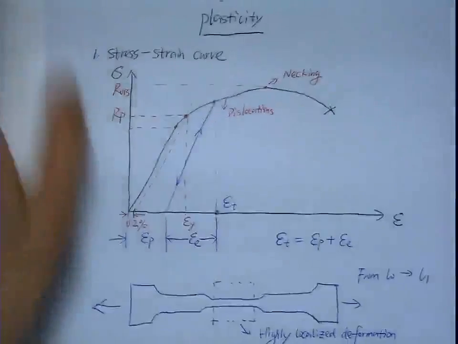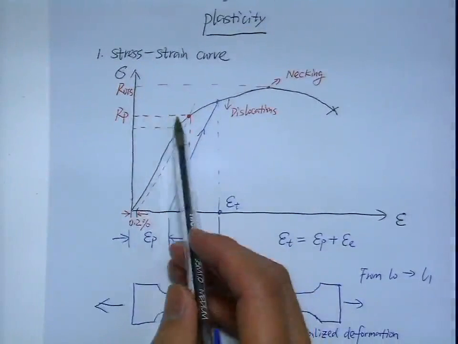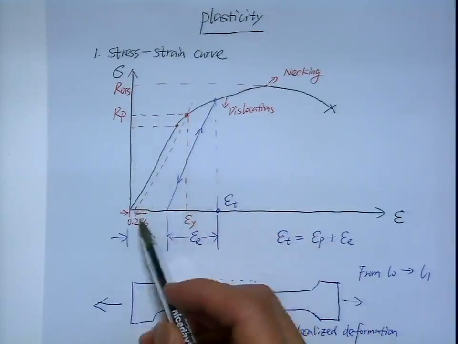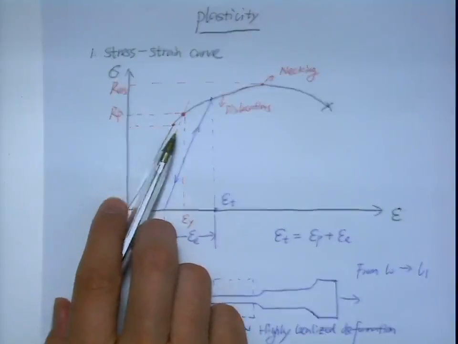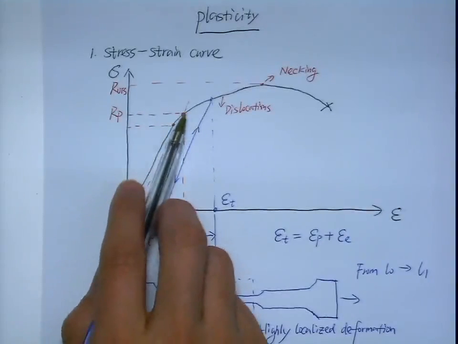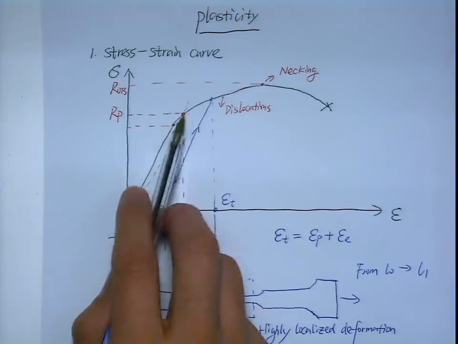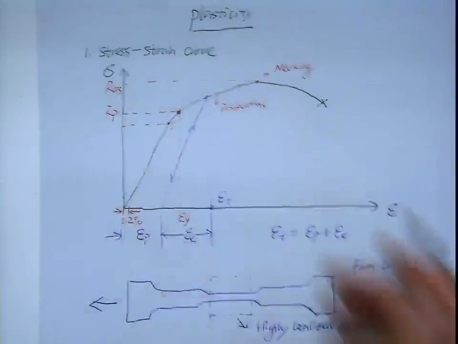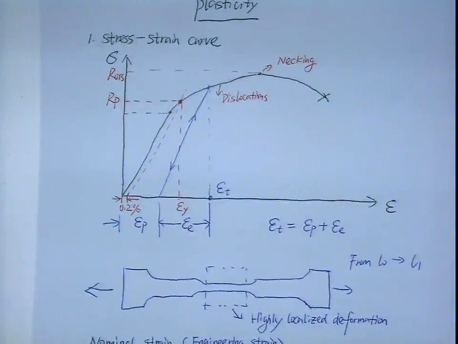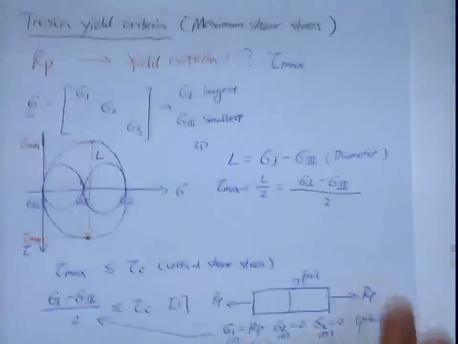So RP is the yield strength: it's a 0.2% offset of your initial line, and the intersection between your stress strain curve and this dashed line gives you the yield strength. Okay?